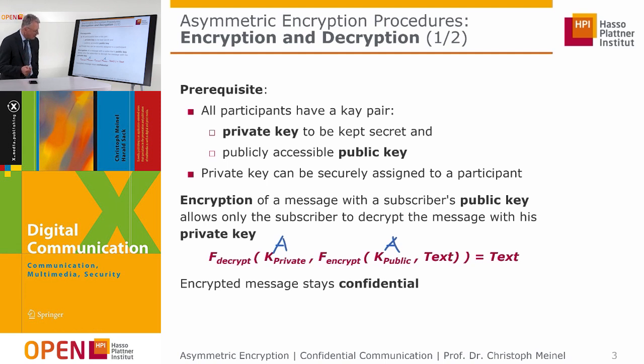The encrypted message stays confidential. After Bob has encrypted the text, this is the ciphertext, with the public key from Alice, no one else, only Alice is able to decrypt the text because she has the corresponding private key.